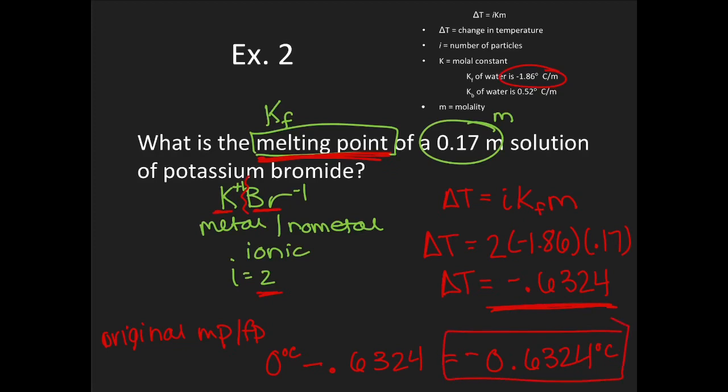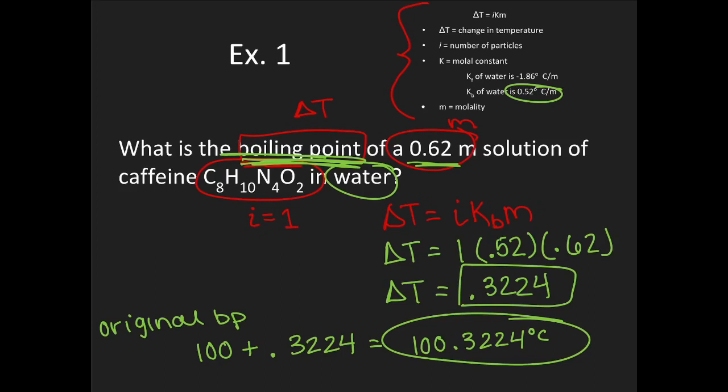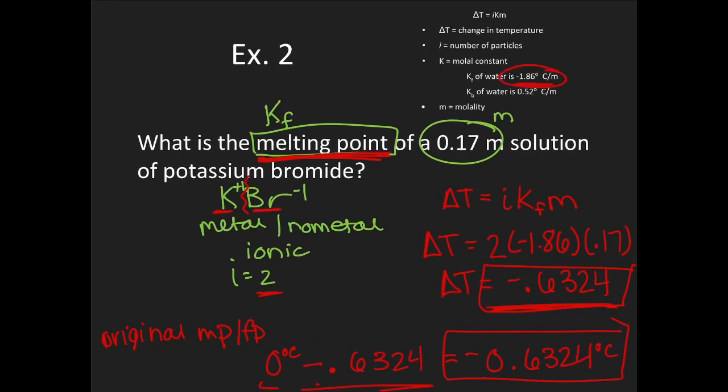All right, so as you can see here, because this is dealing with our melting and freezing point, that constant is negative. If your answer is negative, then you will subtract it down here when you do your math. The one before this, our answer was positive, so we added it when we did our math. All right, because boiling point elevates, freezing point drops.